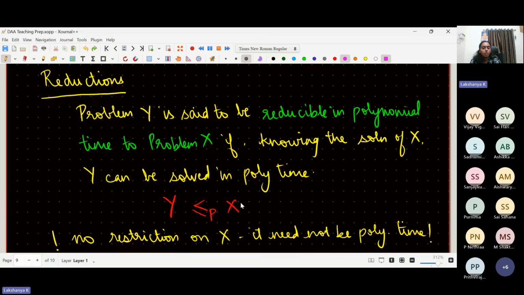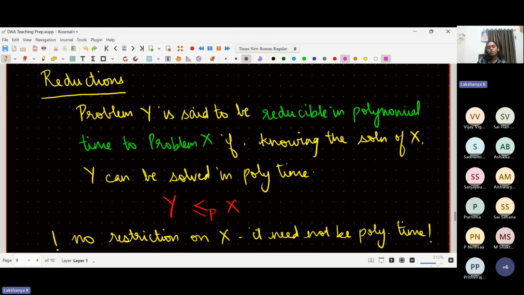I used that solution to solve question 2. Meaning, I'm reducing question 2 to question 6. So if 6 is done, then I know how to solve 2. So the difficulty of 2 gets reduced to the difficulty of solving 6. Or the difficulty of reaching the 12th floor gets reduced to the difficulty of reaching the 10th floor, because once that is done, I know how to move forward from there. That's the idea of reductions.